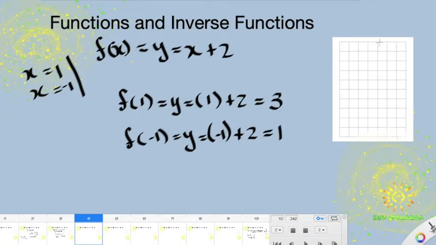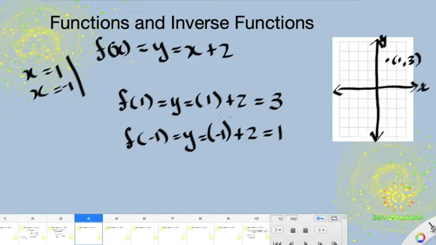If I draw here a Cartesian plane, an x and a y axis, and take each and every block to be 1, then at x is equal to 1, y is equal to 3. There is the point I plot. And at x is equal to negative 1, y is the point over here.